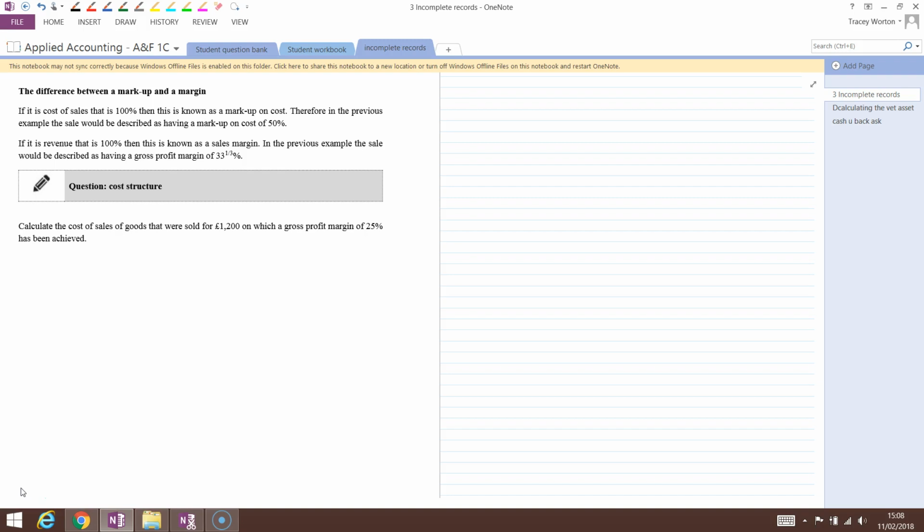So let's have a look again at this little question that we've got below. So we need to calculate the cost of sales of goods that were sold for £1,200 and they had a gross profit margin of 25%. So we need to again set up our cost structure.